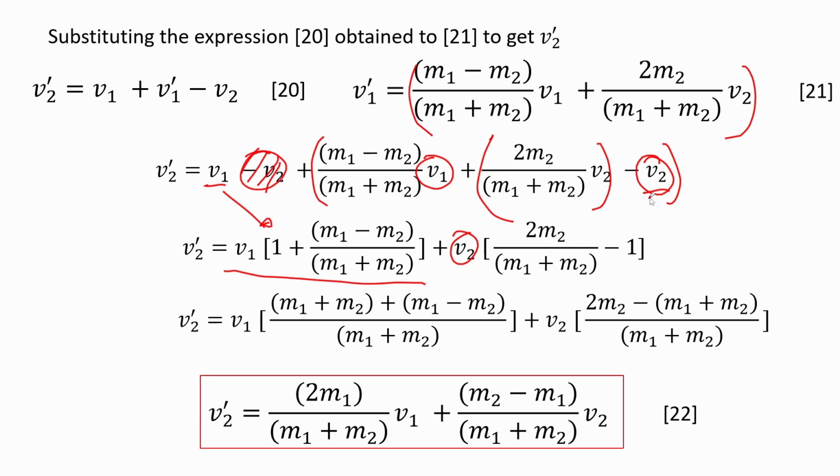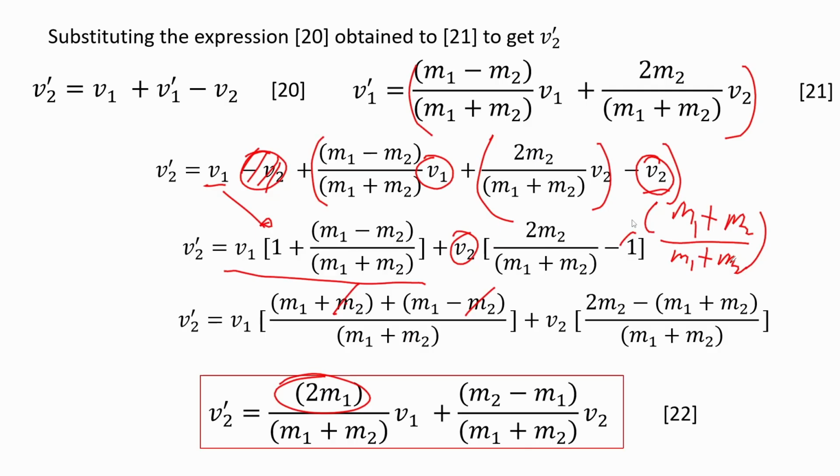What's next? What you will do now is sum the masses. So you have m1 plus m1, that becomes 2m1, and m2 minus m2 is of course canceled out. So hence you have 2m1 here times v1. Next is this one. Your 2m2 minus m1 plus m2, because you subtracted the m1 plus m2 over m1 plus m2.